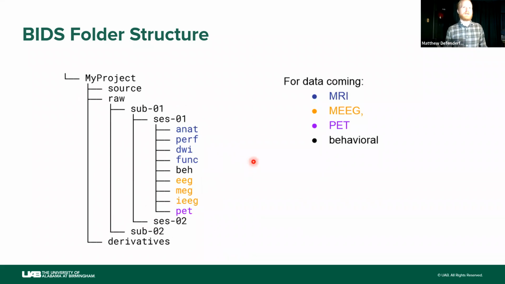So that's going to contain the outputs from such as fMRIPrep or FreeSurfer or FSL, AFNI, anything that you are doing to the data to alter it in any way or analyze it in any way, pre-process it in any way, all of that is going to go into a derivatives folder that has a similar structure where you have the subject name and then anything associated with that under it.